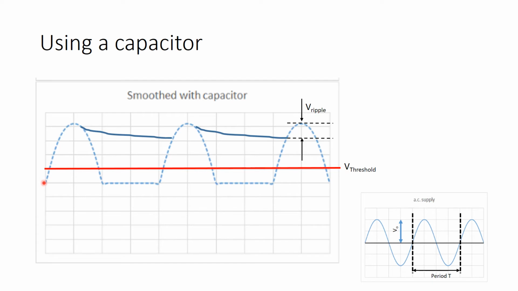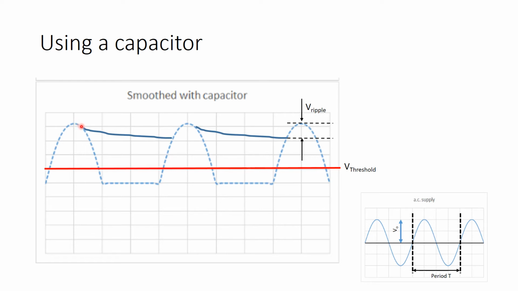So for our supply, when the supply voltage reaches the threshold voltage of the diode, then our capacitor will start to charge and will be charging through this section here where the current is positive.